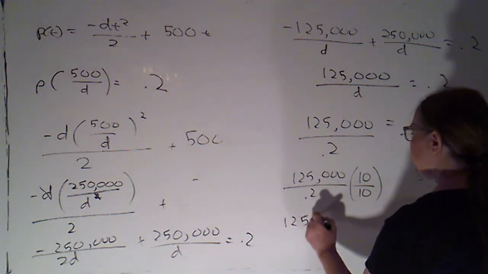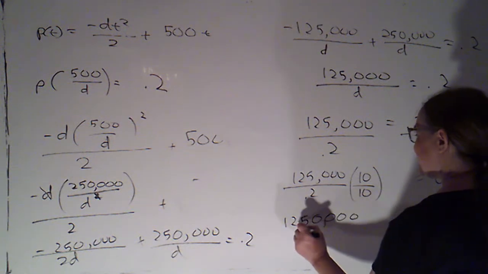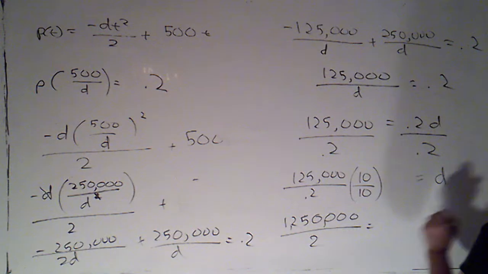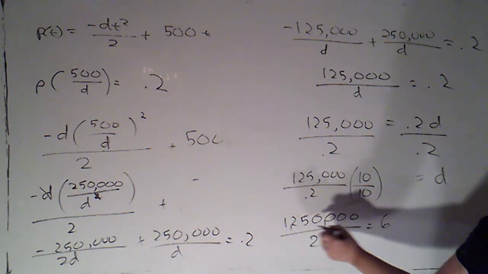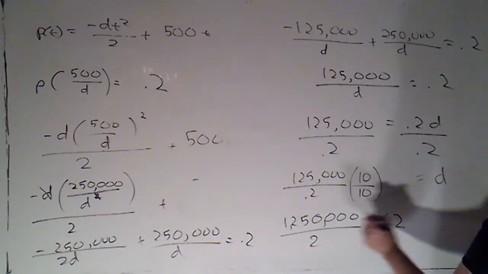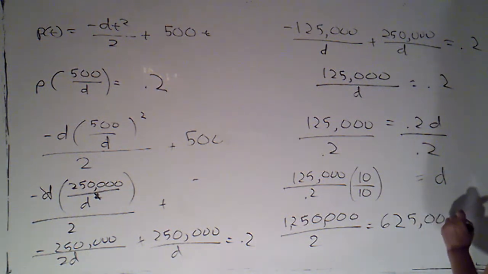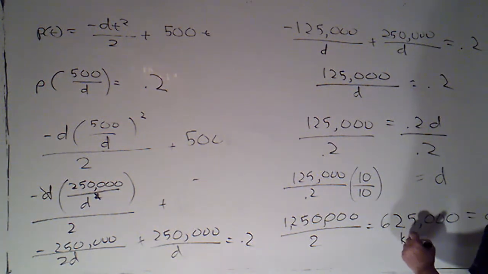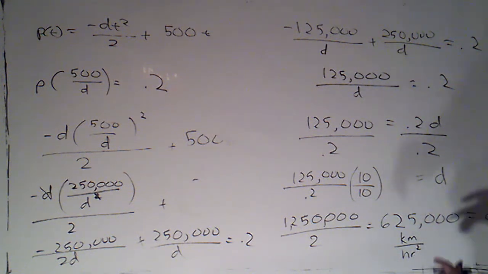So 125 followed by 4 zeros now, all divided by 2. And that's going to be 625,000 is equal to d. And this was the constant rate at which this particle was decelerating. So that would be in kilometers per hour, which we usually write as kilometers per hour squared.